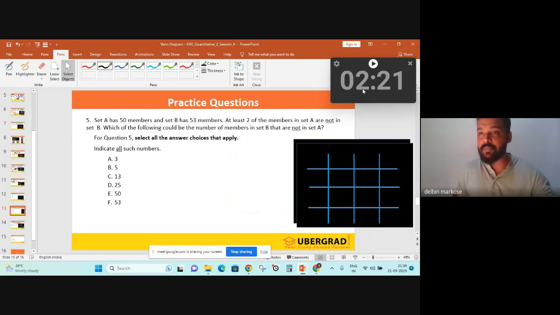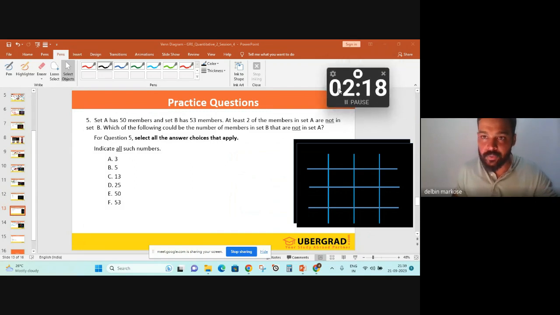Okay, so try to solve it. Do not take too much time. Try to write all the category and try to find an easier way to solve this question. I will say the difficulty level, it's 5.